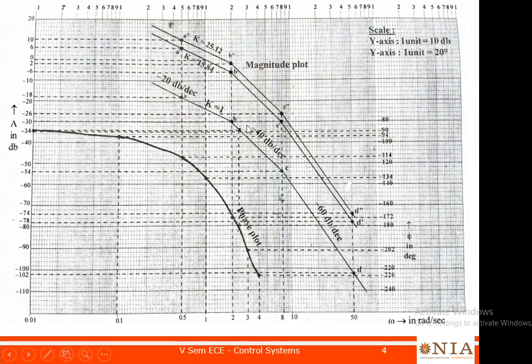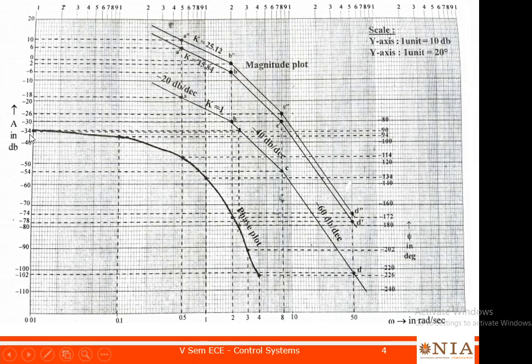Actually we have shifted the graph, but you need not shift the graph 28 decibels upwards and show it. These two graphs are not required. Just calculate the k value mathematically. For that, you start from minus 180 degrees, hit the phase plot, go to the corresponding magnitude plot, and see the corresponding gain.